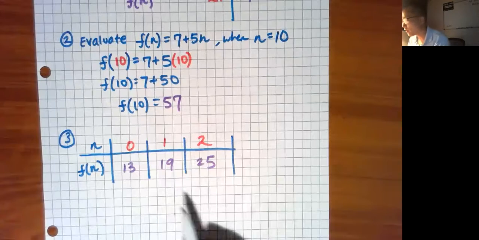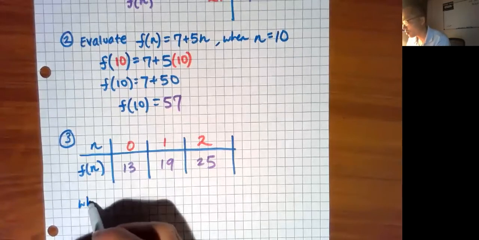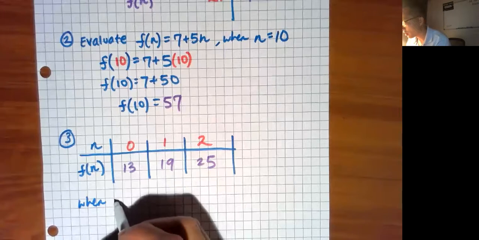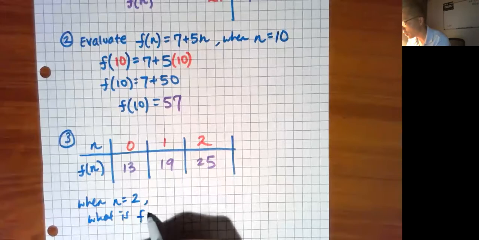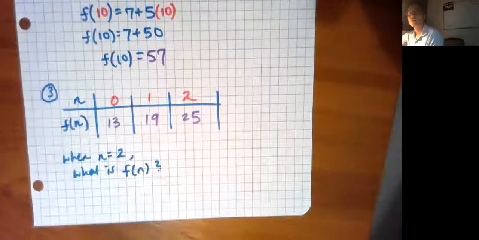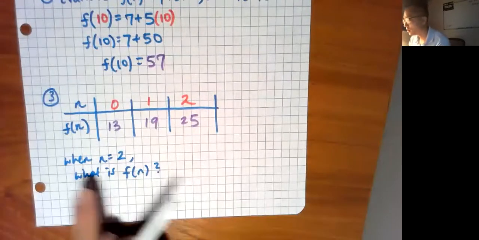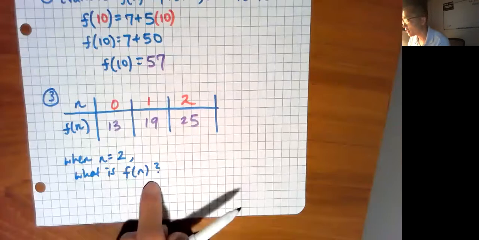So you might have a problem that says something like, when n equals 2, what is f of n? So this is saying when the input of the function is 2, what is the output?